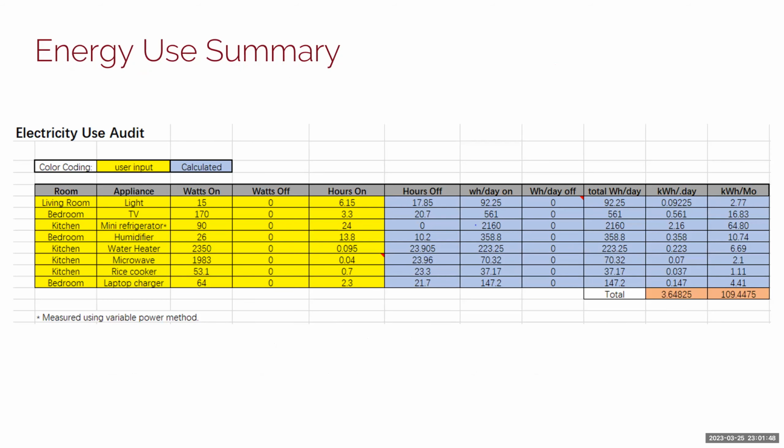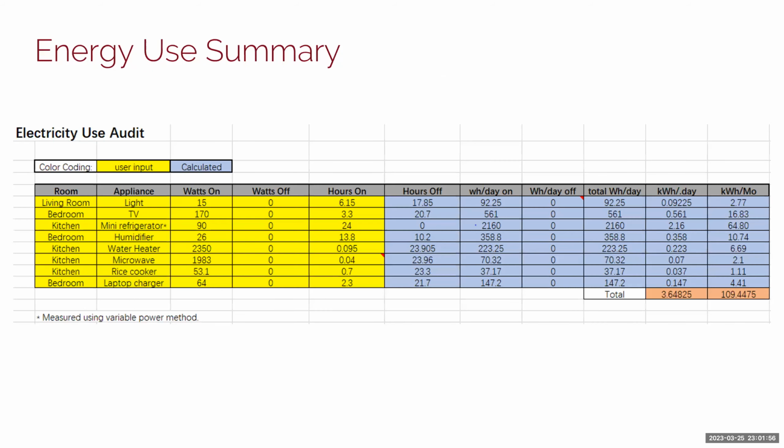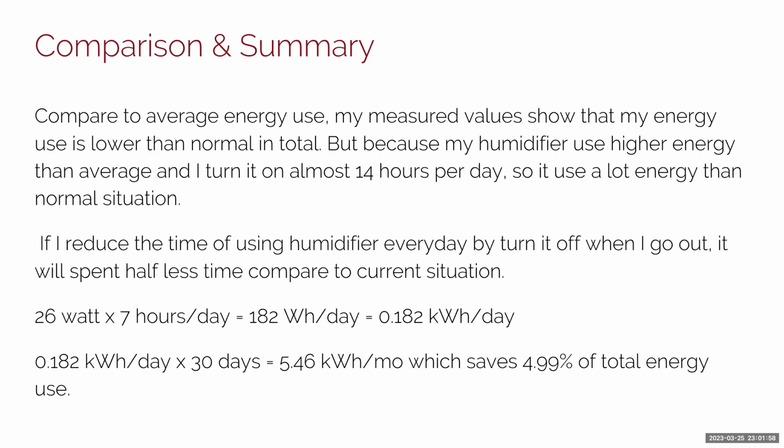You can see it here, it's 40 hours, and the average humidifier uses 11 watts, but mine uses 26. It's almost twice that. So it uses a lot more energy than the normal situation.